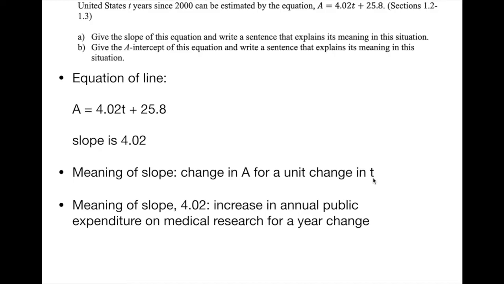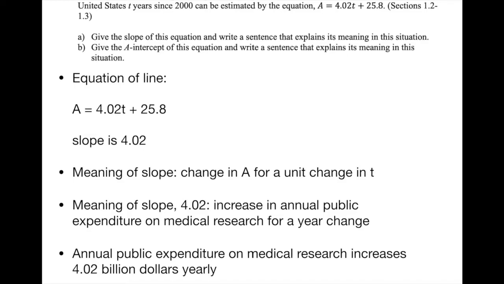So that's basically for a year change, or say yearly. Then let's put that into a very good sentence. So that's annual public expenditure on medical research, that's basically your A, increases $4.02 billion, again, you need to add your units here. And this yearly is basically for a year change.